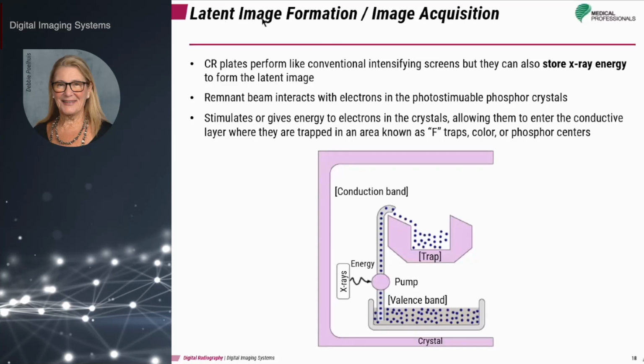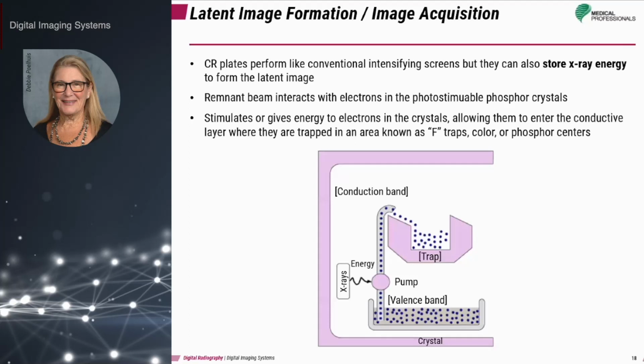So, latent image formation and image acquisition. During exposure of the imaging plate, electrons within the phosphor crystals are moved from their normal energy level to a different energy level within the crystal. This entire area here is the crystal.